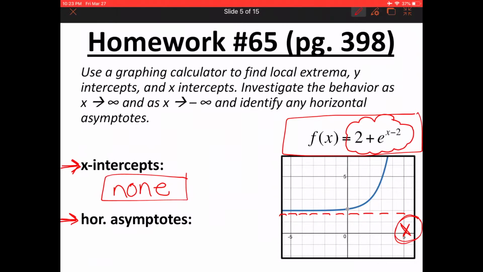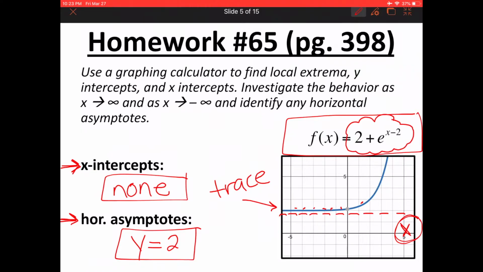Now, if we want to find this asymptote, we can trace our curve, and as you trace it, you will see that it's getting closer and closer to 2. So my horizontal asymptote would be y equals 2. And usually the horizontal asymptote will be a little bit easier to identify. So there is our x-intercepts and horizontal asymptote for this problem.